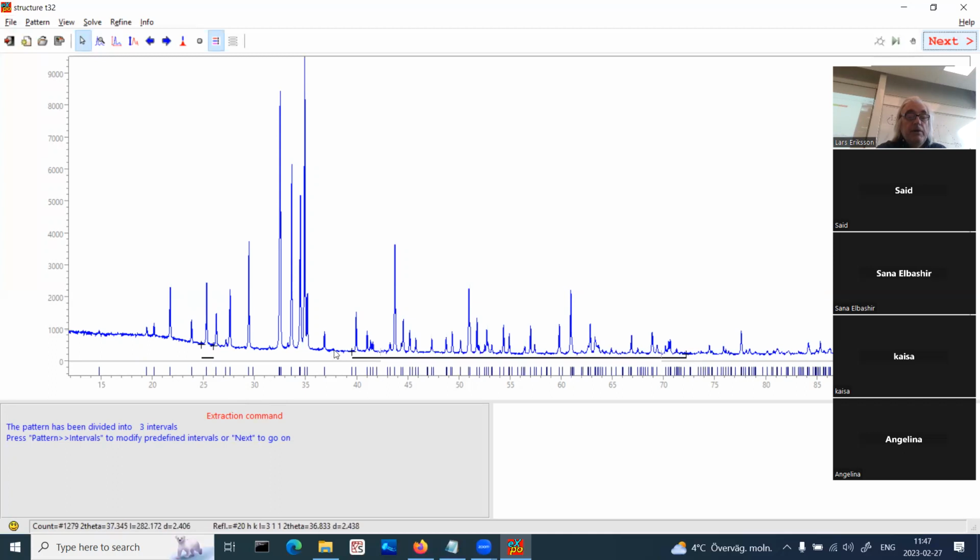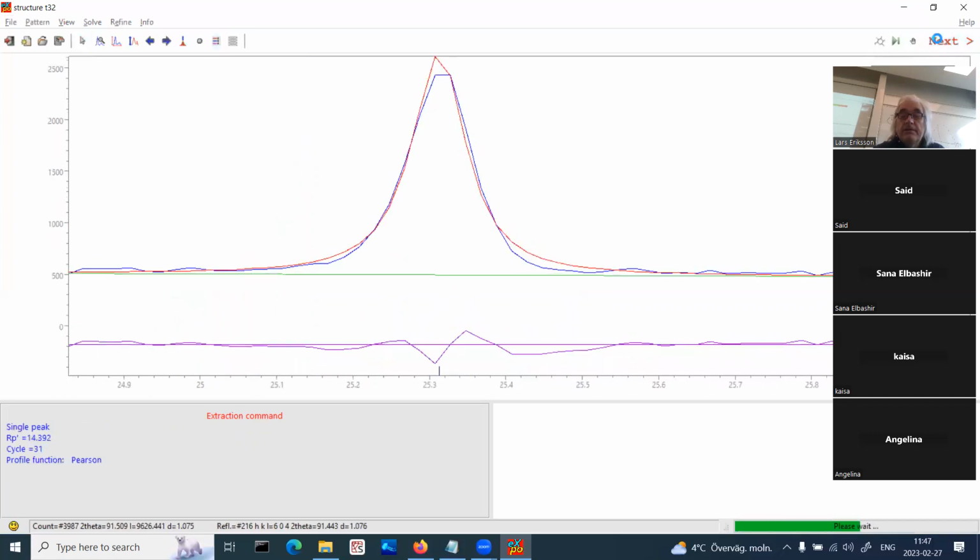And where we have an empty region in theoretical peak positions, we also have an empty region in the observed pattern. So this is good, I think. Click next.